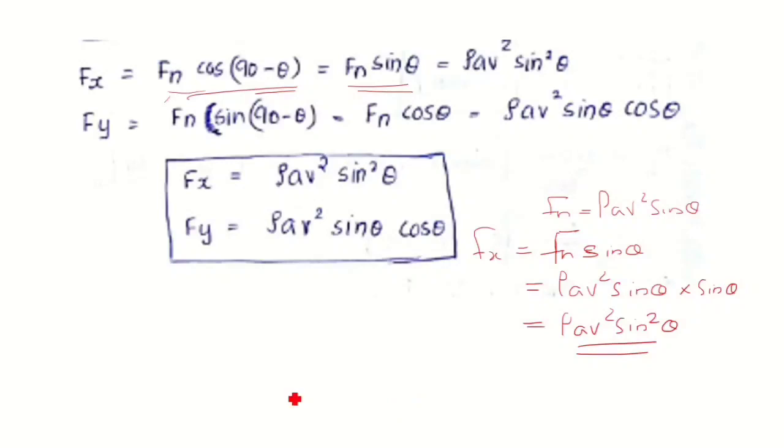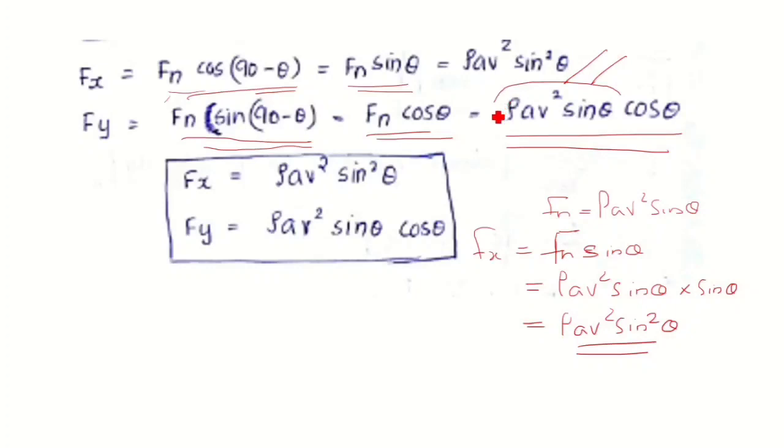The y component similarly is f of n sine 90 minus theta, therefore f of n cos theta. So rho a v square sine theta into cos theta gives rho a v square sine theta cos theta. So the x component is rho a v square sine square theta, and the y component is rho a v square sine theta cos theta.